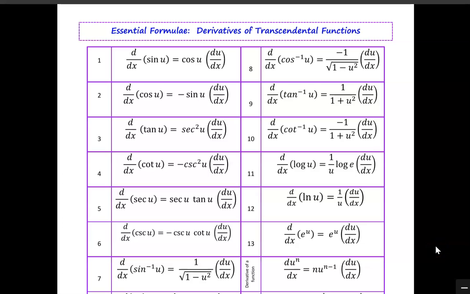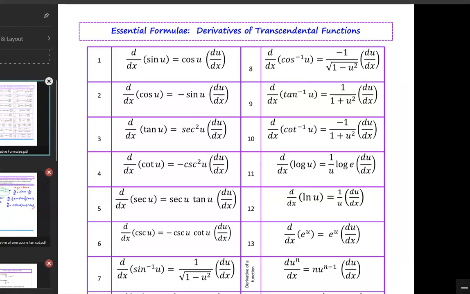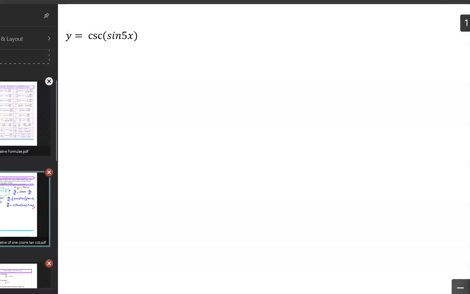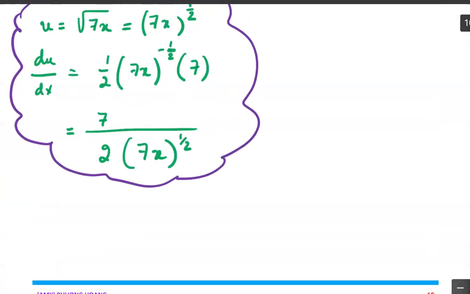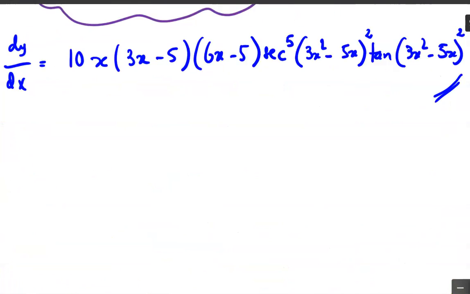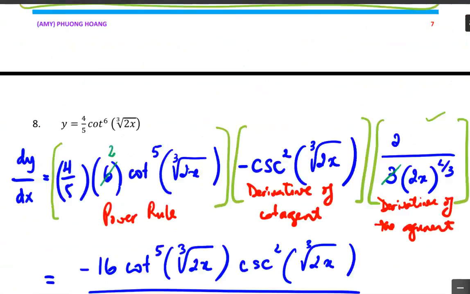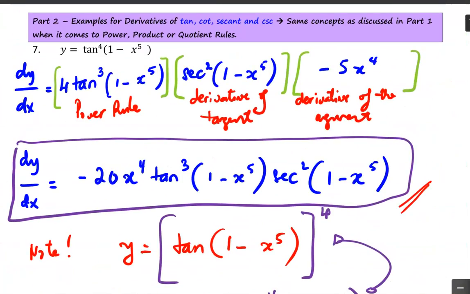If there is involvement of power rule, product rule, or quotient rule, then we have to apply that as well. So in the previous lesson, we worked with derivatives of transcendental functions, with tangent, cotangent, secant, and cosecant, and we worked with the power rule in this case.